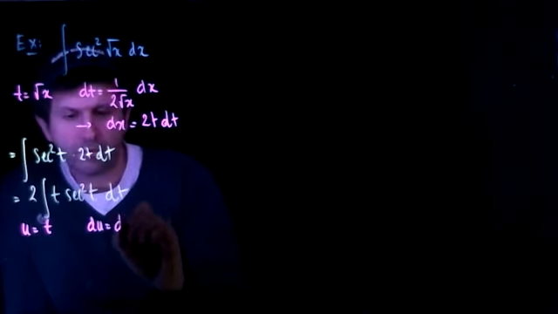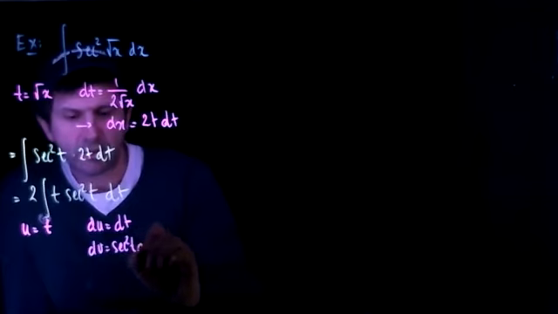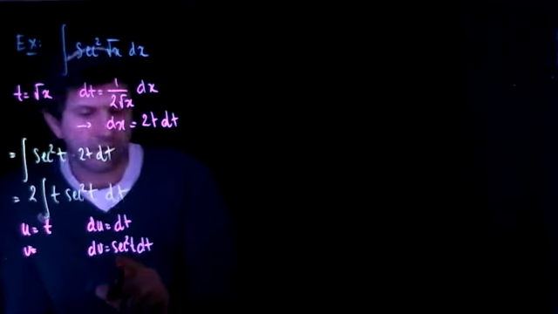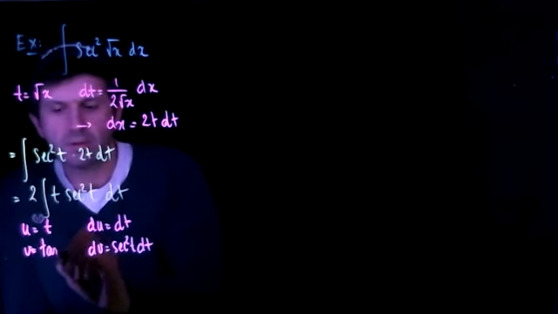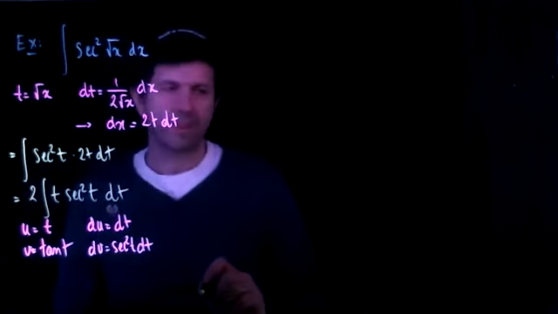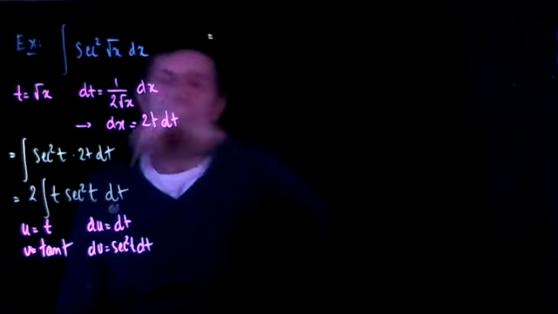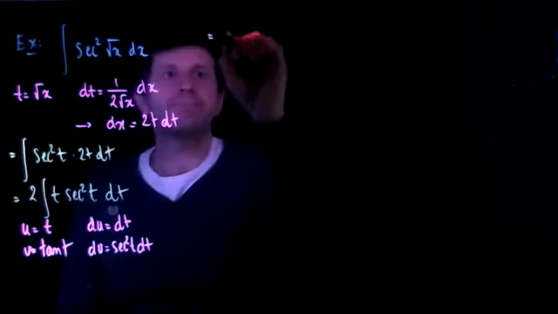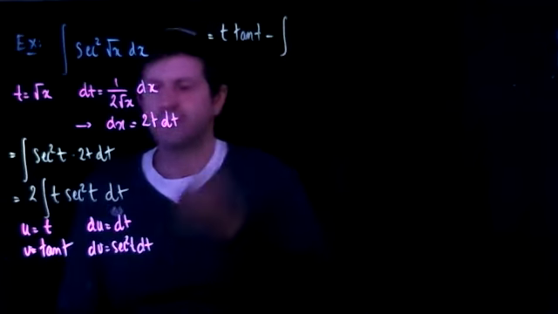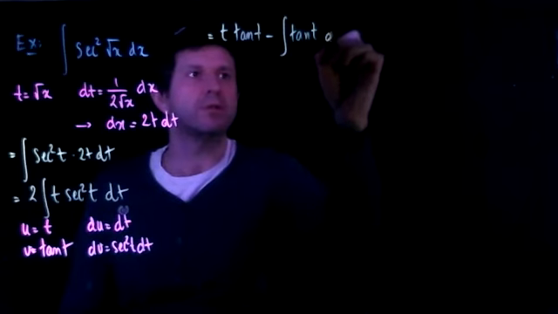So du, of course, will be dt, and then dv is secant squared t dt. So v is tangent, right? The antiderivative of secant squared is tangent. So uv, so t tangent t minus the integral of v du, which is tangent t dt.